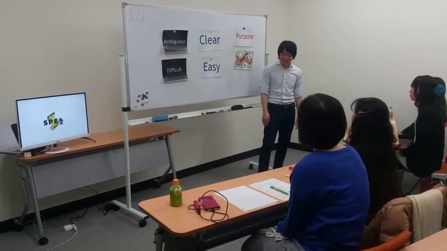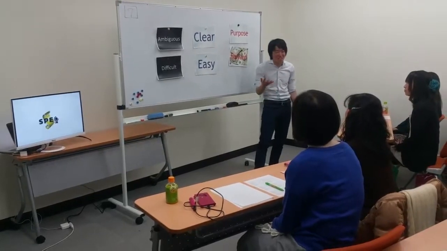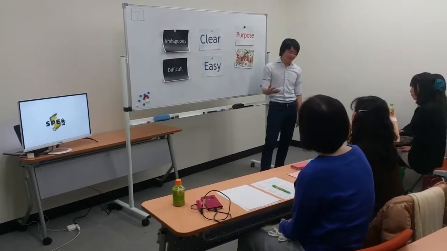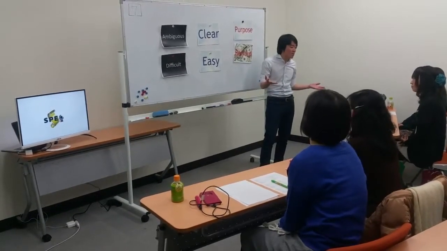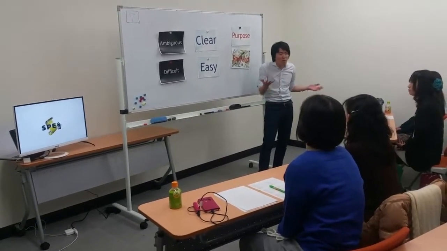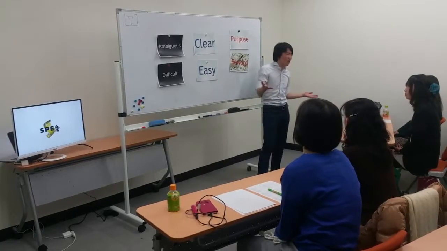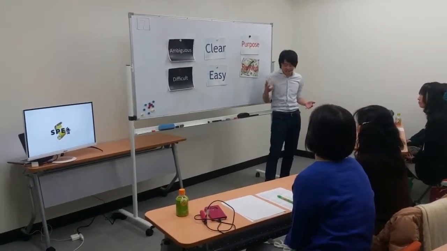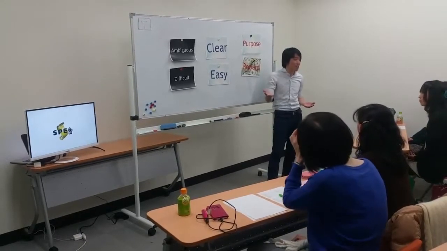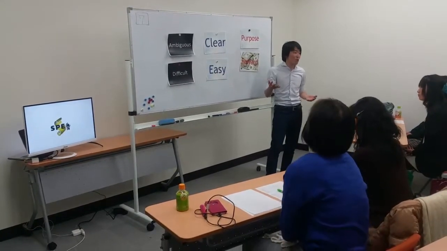But if you use these kinds of ambiguous words, people can't understand how many, how much, how little, how probable, how critical. But this kind of information is very important.